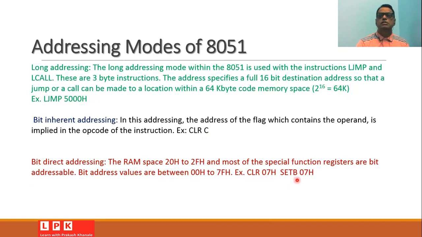Or when we write an instruction such as SETB 07, then the 7th bit will be set. So whenever we want to set a particular bit or clear a particular bit of the RAM space, it is possible to make use of such addressing, called bit direct addressing.